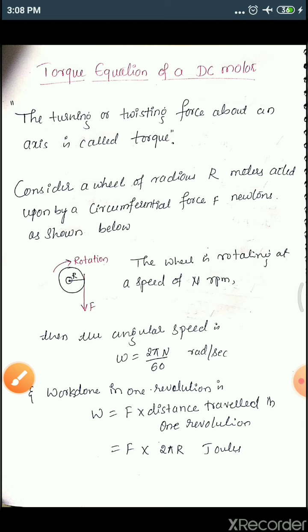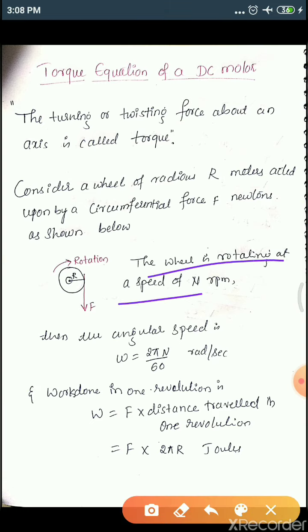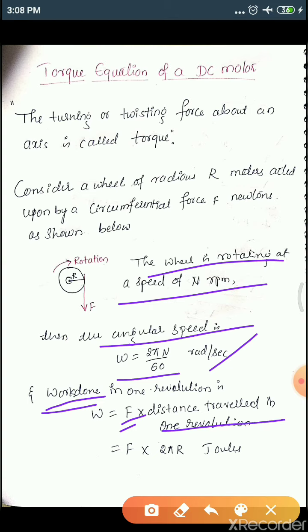The wheel is rotating at a speed of N rpm, so the angular speed is omega equal to 2 pi N by 60 radian per second. Now we calculate the work done in one revolution. W is equal to force into distance traveled.